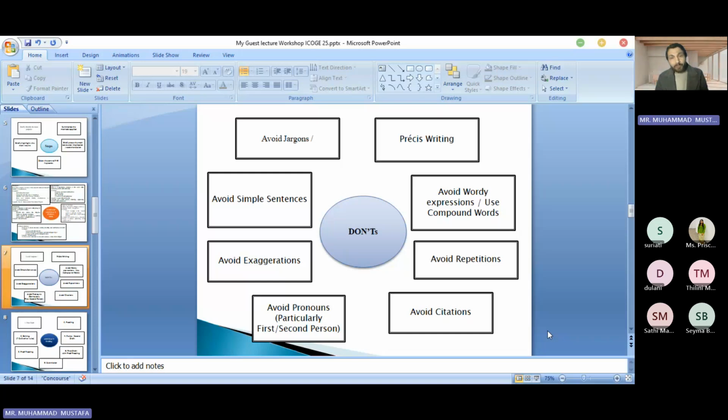Sometimes abbreviations are also not recommended, but many researchers use them because we need to save space and cover things within a paragraph. But avoid citation. Citation is totally prohibited and restricted in abstract writing.